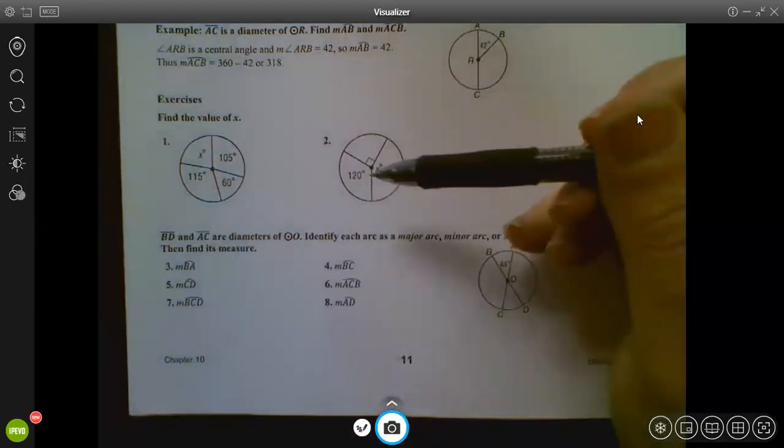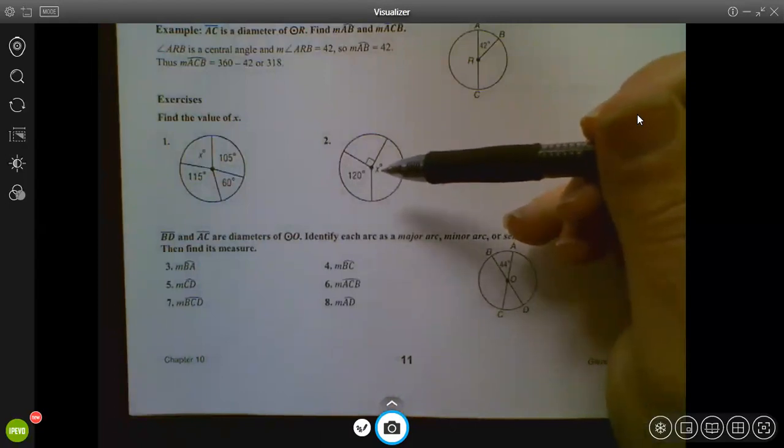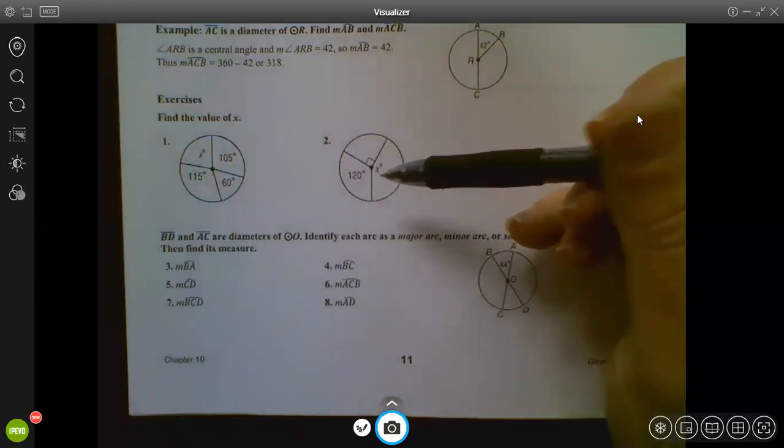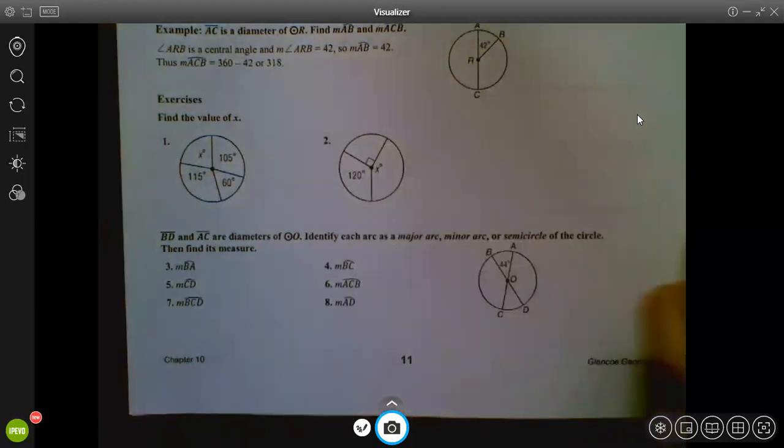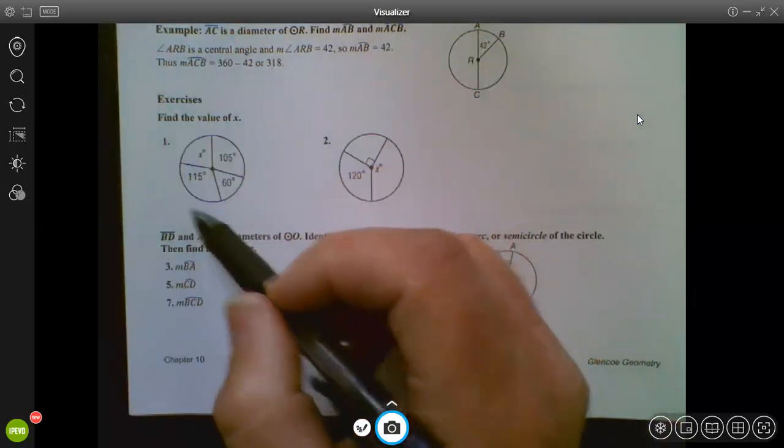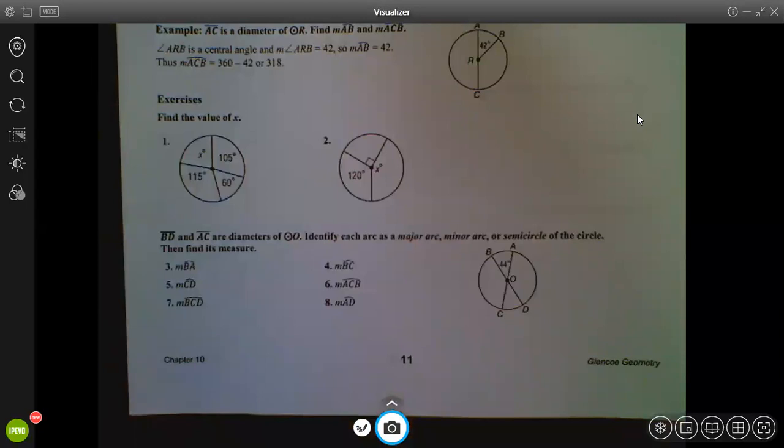So obviously if we're talking about a central angle, that would be measured in degrees. And what you're seeing down here where it says the measure of an arc, a measure always refers to degrees as well. So all these go back to degrees. And the two things that you can sort of focus on a lot are the total degrees of any circle has to total 360. That's one of the biggest things that we use all the time on these.